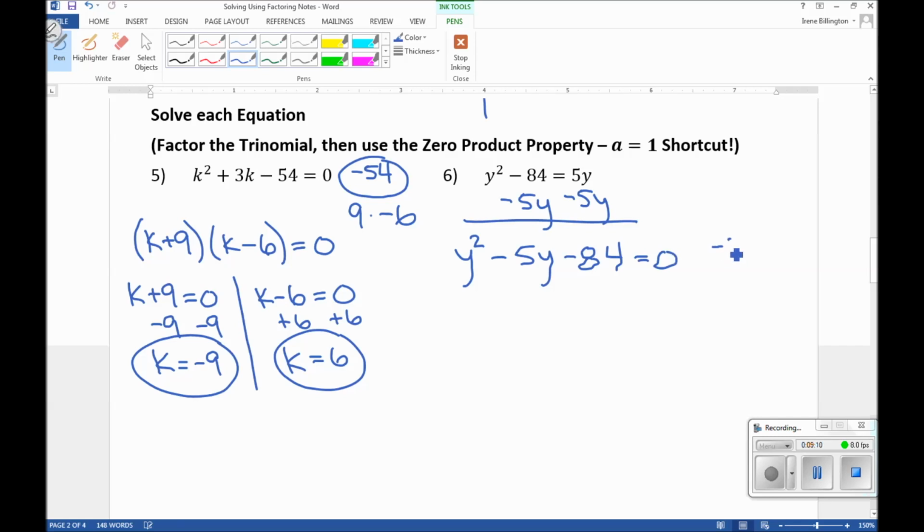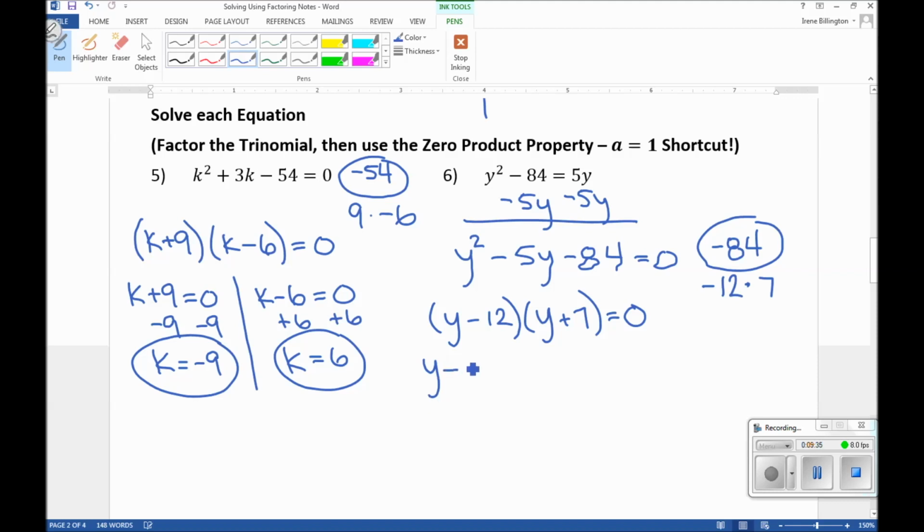My magic number is negative 84. What two factors multiply to equal negative 84 and add together to equal negative 5? That would be negative 12 and positive 7. So the factored form of this trinomial is y minus 12 and y plus 7, and that equals 0.